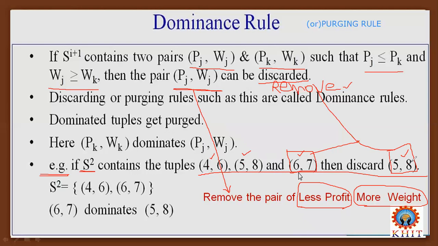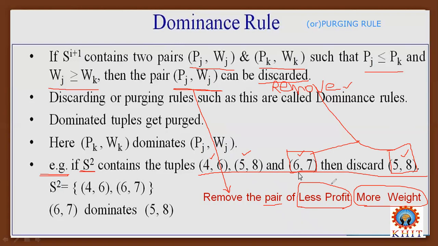While filling the knapsack with profits and weights, when this type of scenario occurs, that means profit is less and weight is high, then you simply remove the pair. Which pair will you need to remove?